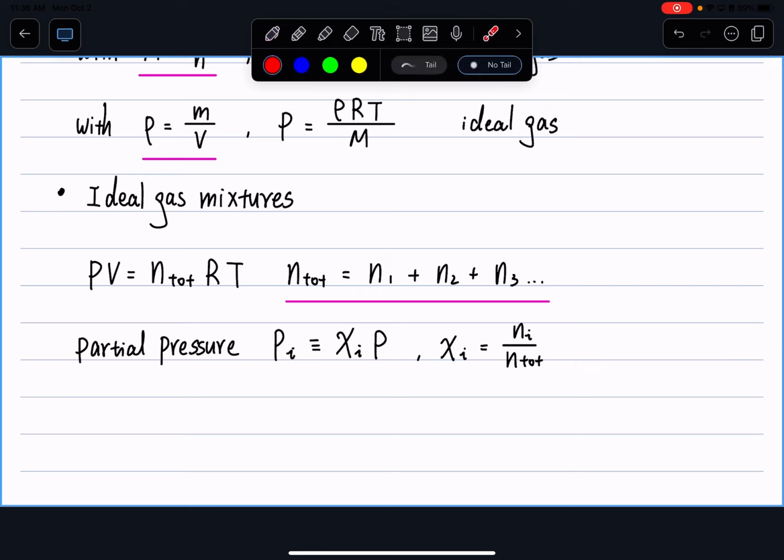Right, so you can imagine here the partial pressure equals to the mole fraction times the total pressure. And your mole fraction is defined by the number of moles divided by total number of moles. So your partial pressure, Pi, is defined as ni RT over V.